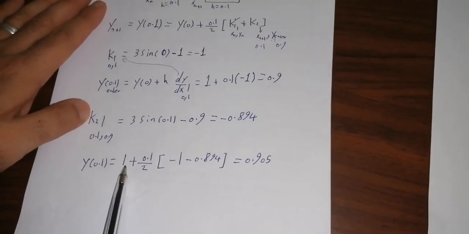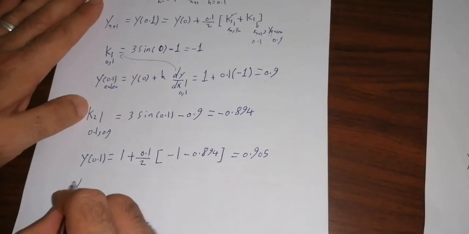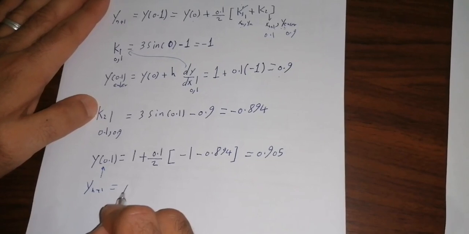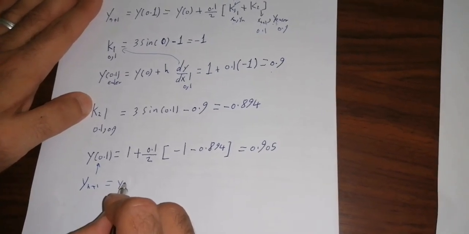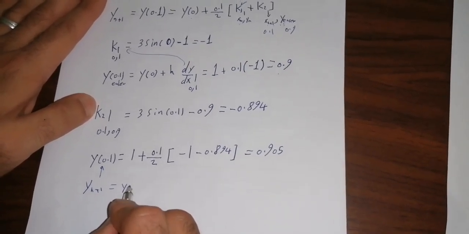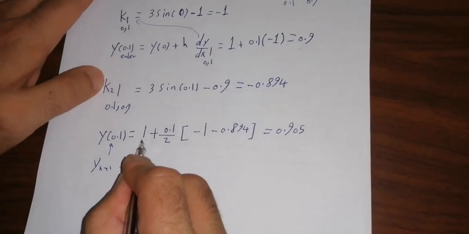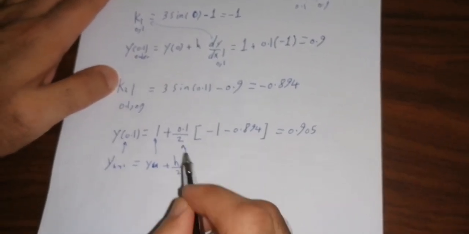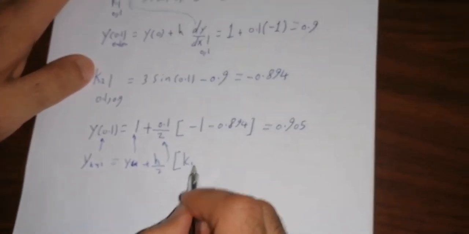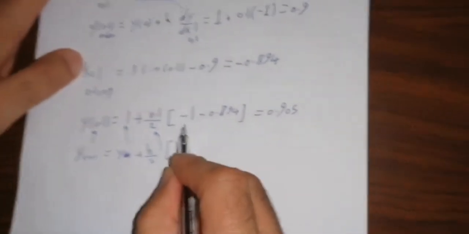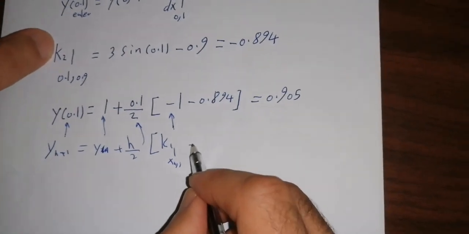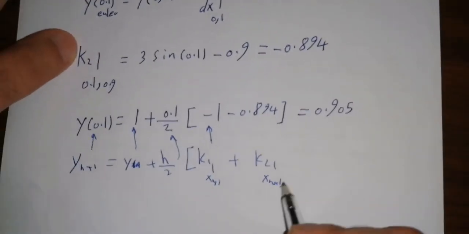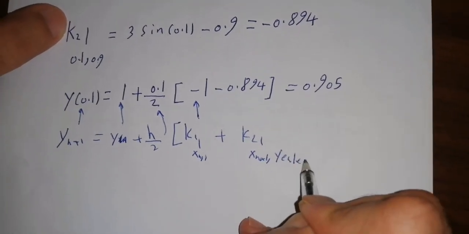So this is k2, the slope. I use the law, that means yn plus 1 equals yn, that is y at x0, plus h over 2 times k1 at xn, yn plus k2 at xn plus 1, y Euler.